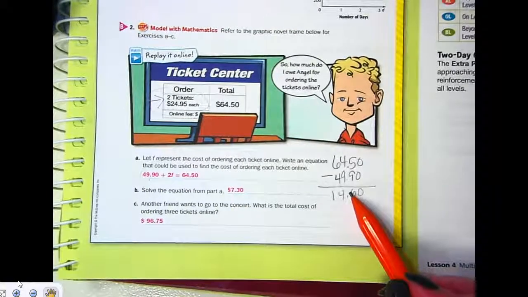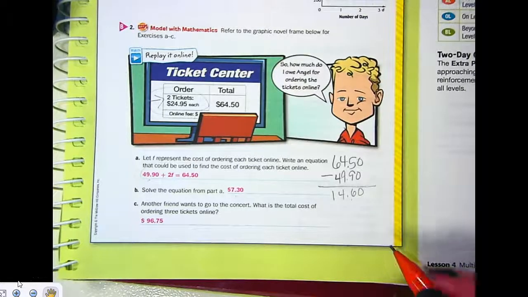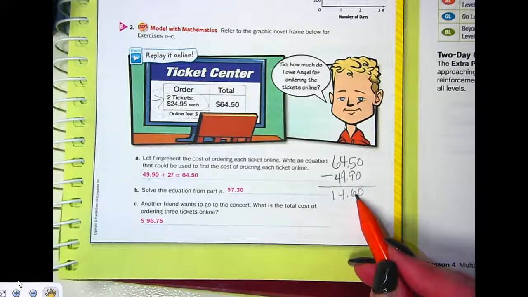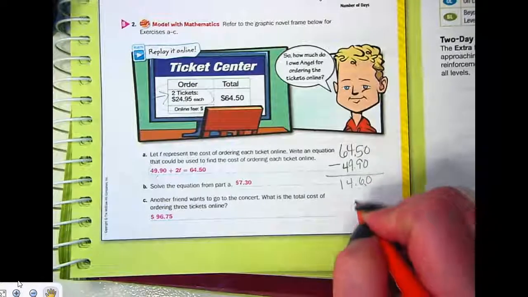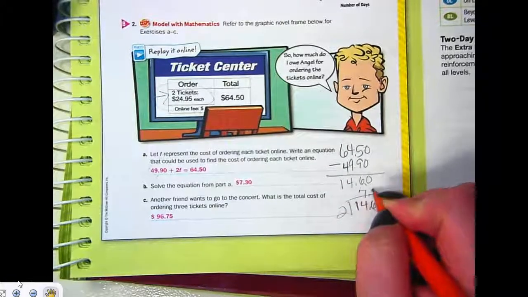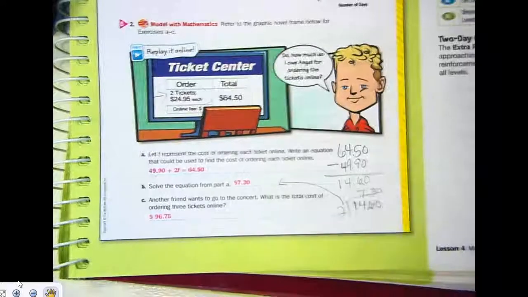And then from $14.60, what did you do? I think you had to divide it into 2. Then you had to divide by 2. So $14.60 divided by 2 gives you $7.30 fee for each ticket.